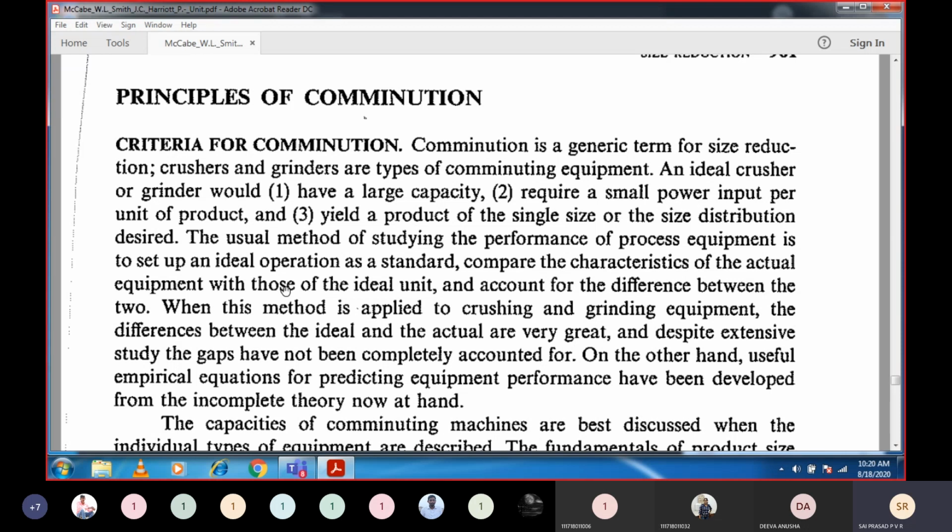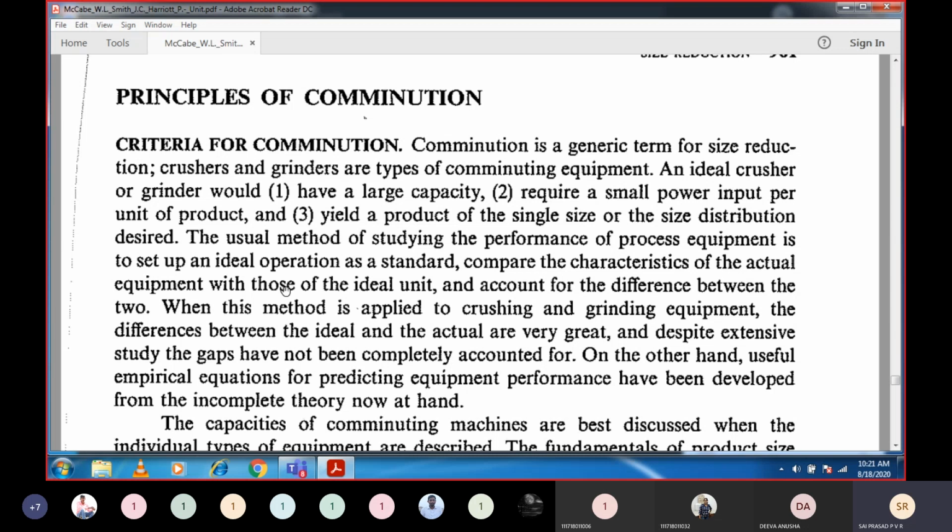Remember, after crushing is over, we have to do the sieving, which is a must and very important, because when you are not doing sieving, we will not be able to identify what the sizes of the particles are and what their percentages are. When you are not able to identify, then we are not in a position to judge the performance of the machine.